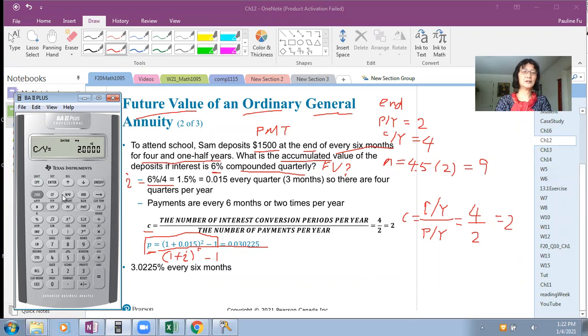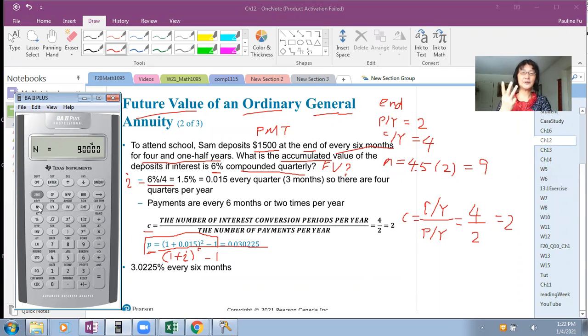CY is 4, enter. Now second, quit. Then type in 1500, negative, PMT. 6 is the interest IY. 9 is the term N.